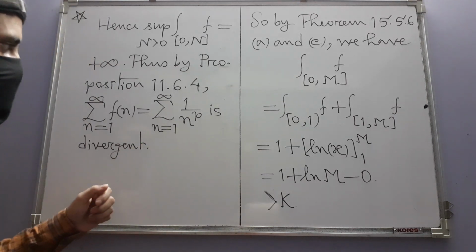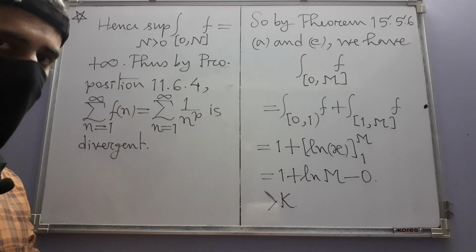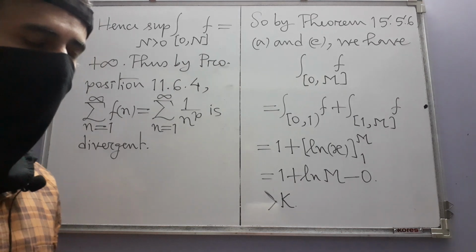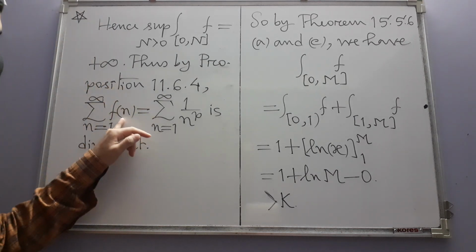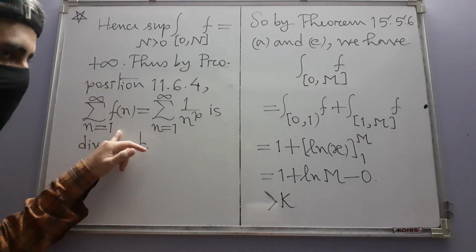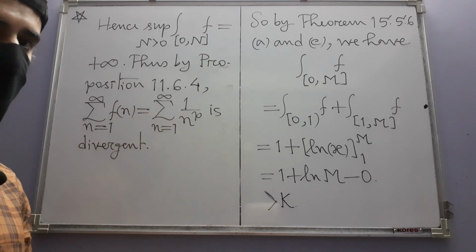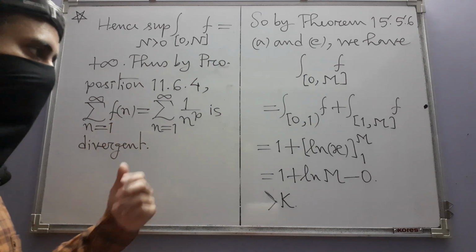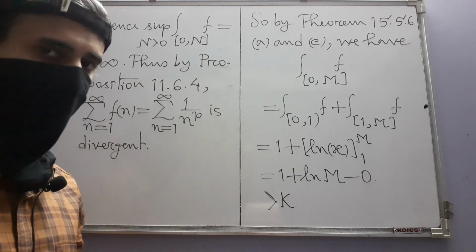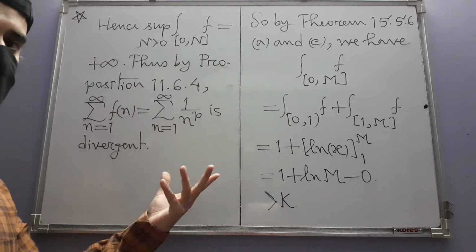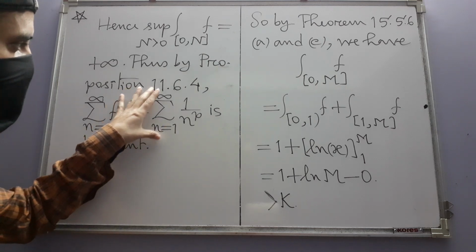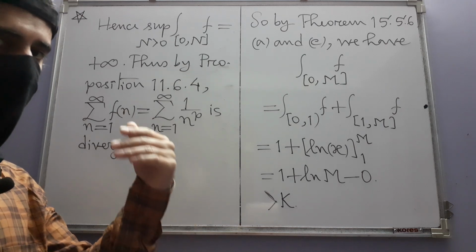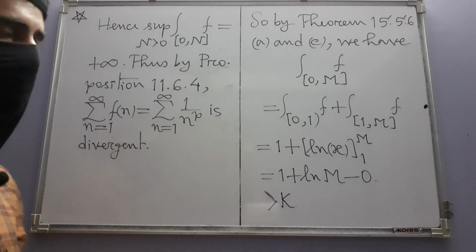Well, they actually change the sum if the series is convergent, but the convergence or divergence is not affected. If this series is convergent, then including 0 also, that series will also be convergent. While if this series is divergent, then inclusion of 0 will give you again a divergent series. And that's what we are concerned about here. We are not trying to calculate the value of this infinite sum. We just want to say whether it's convergent or divergent.